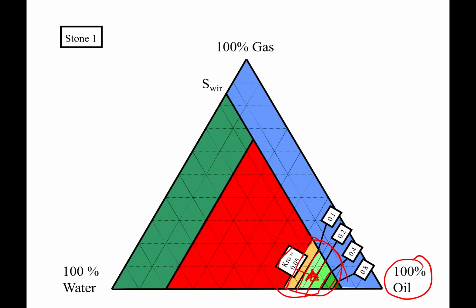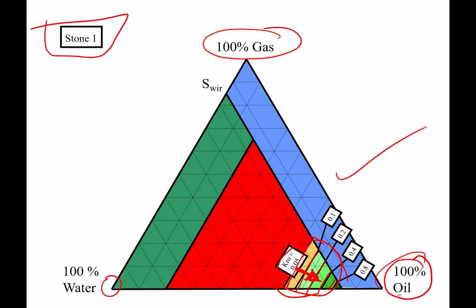Based on the curves, which we had looked at before. The interpretation of the 0 to 100% lines still is as before. Again, it's Stone 1, which is applicable typically for water wet rocks.